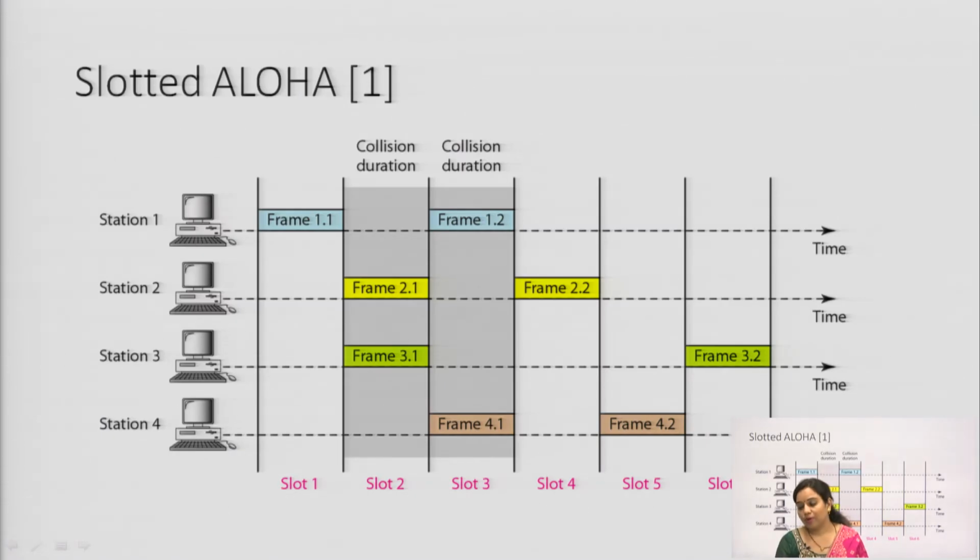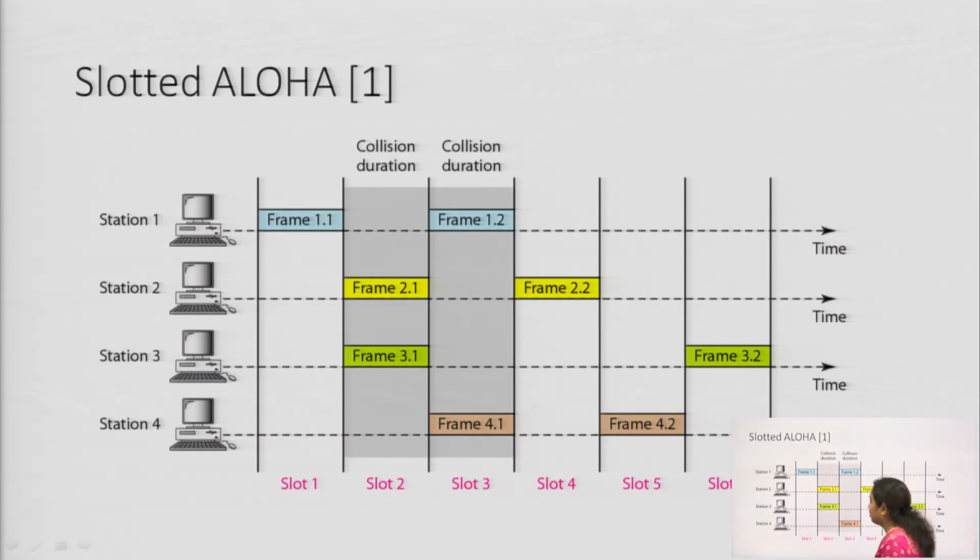Now, next is Slotted ALOHA. There is an advantage of Slotted ALOHA and a disadvantage is also there. Collision will take place in this case also, but a proper time duration is allotted in this ALOHA.